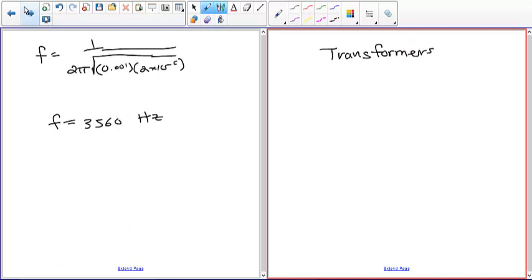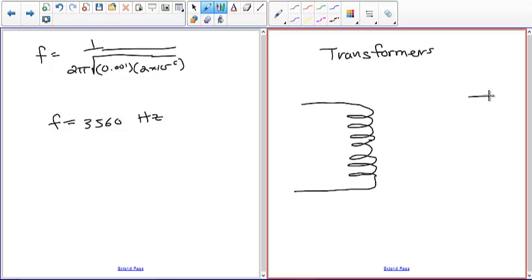Okay, now we're going to talk about transformers. We talked about these briefly before, but I usually put a transformer problem on the test. So the whole idea behind a transformer is you have 2 coils of wire with different numbers of loops.